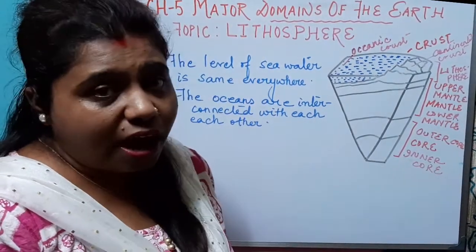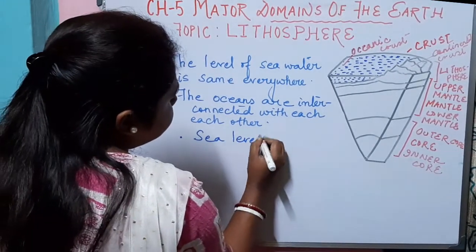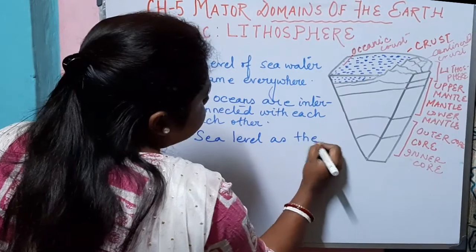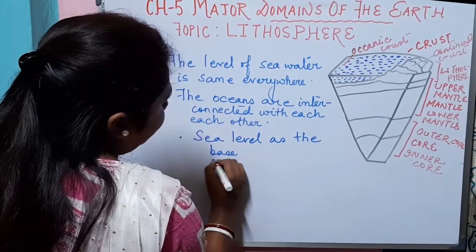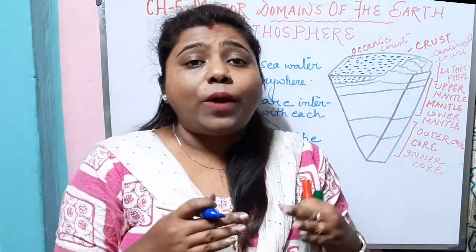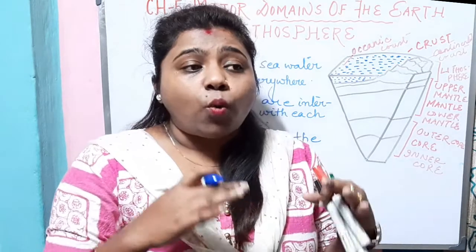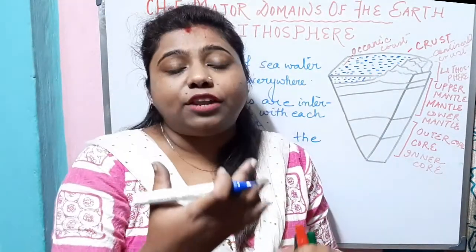And that is why we take sea level as the base. Why? So that we can understand where we are standing on the land, that is, what is the height of the land from the sea.